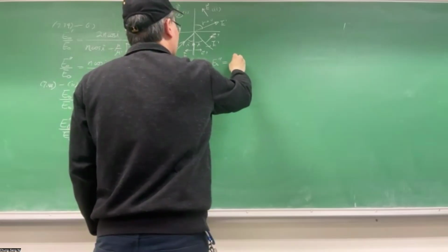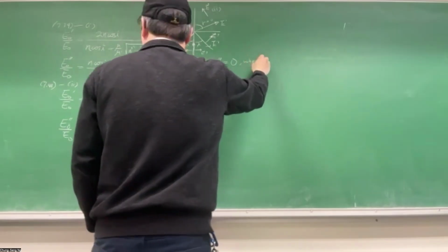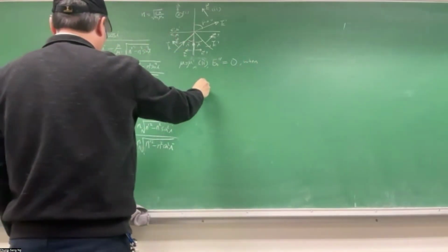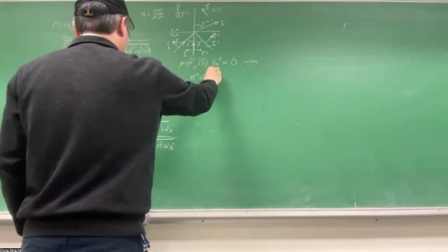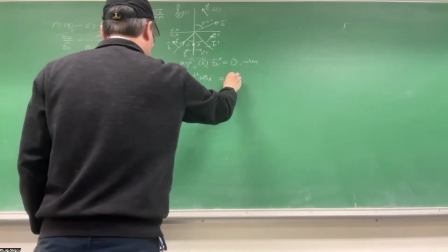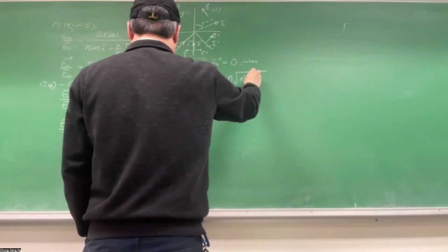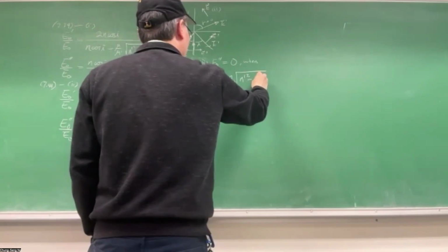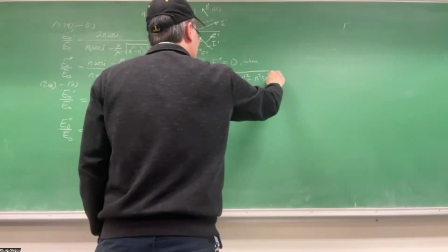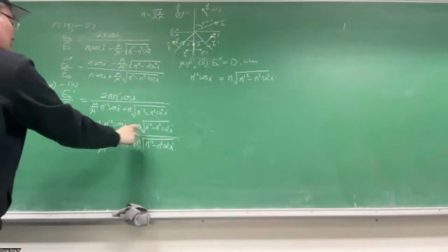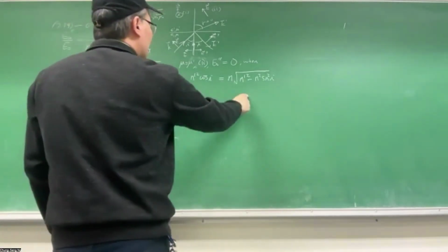The numerator E0 double prime is 0 when this is 0. So n prime square cosine I equals n square root of n prime square minus n square sine square I. Well, if these two terms are the same, then we cancel the two terms, and that becomes 0, right?